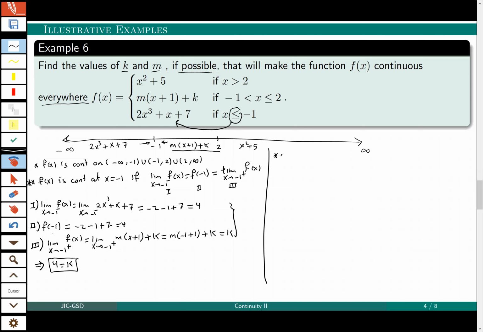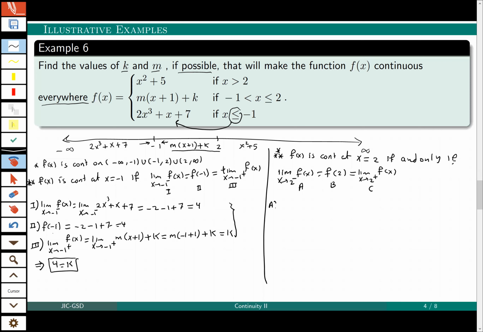For the third part, we should say f of x is continuous at x equal to 2 if and only if, same thing, the limit when x goes to 2 from left must equal the value of the function at 2, which must equal the limit when x goes to 2 from right. Again, that contains, let's say, A, B, C.